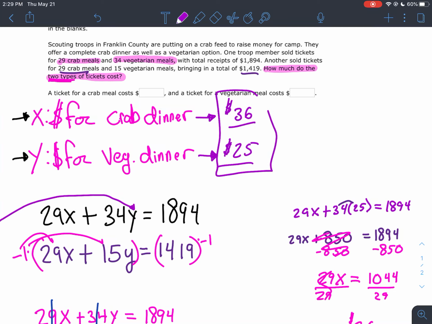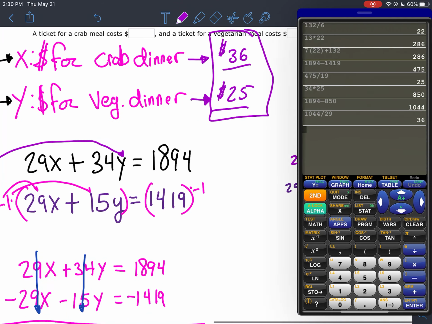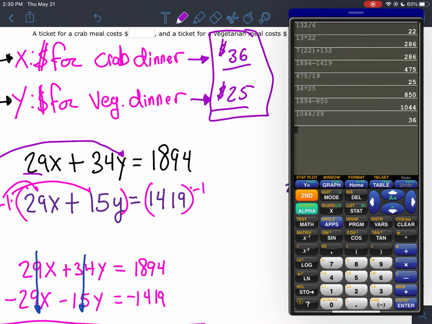Now, before we're ready to call that good, let's double check that this checks out. Go back to your original equations. 29 times 36 plus 34 times 25. When I hit enter, this should be 1894, and it is, so it checks out.